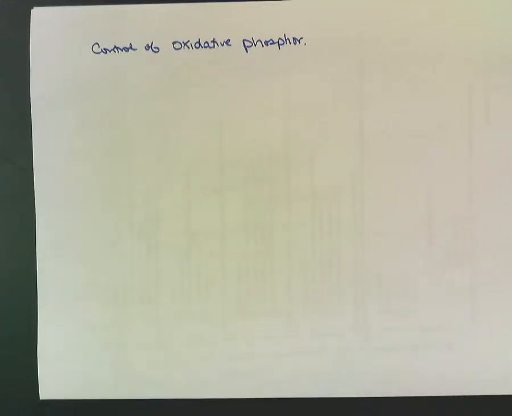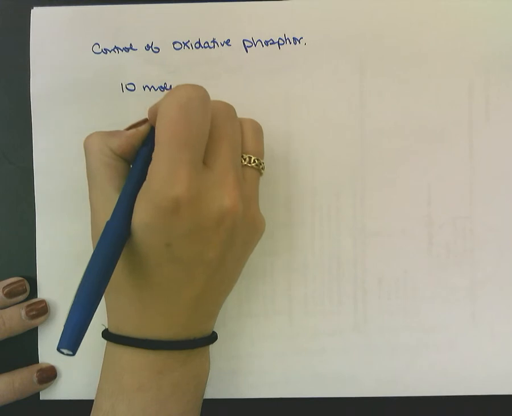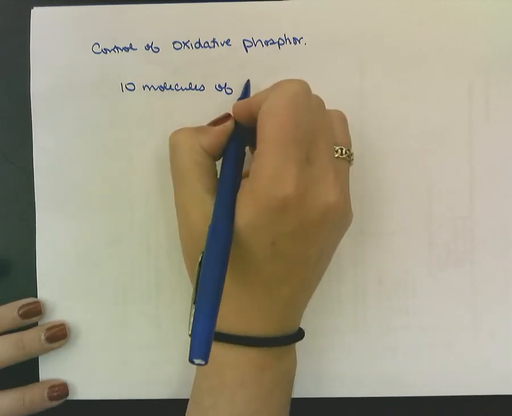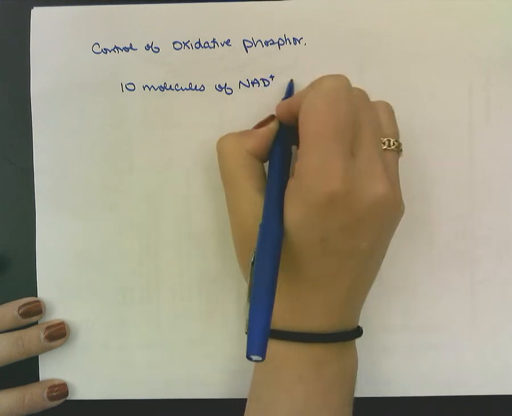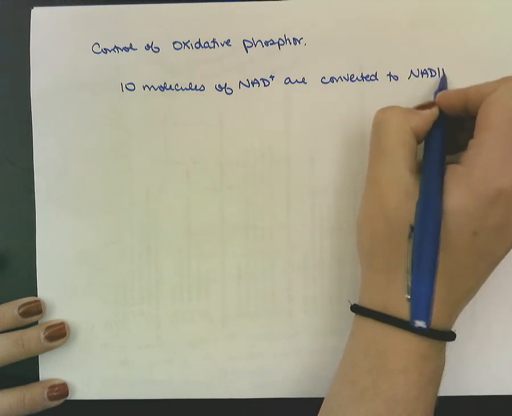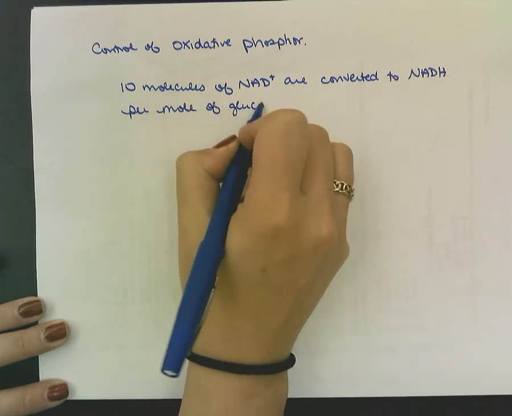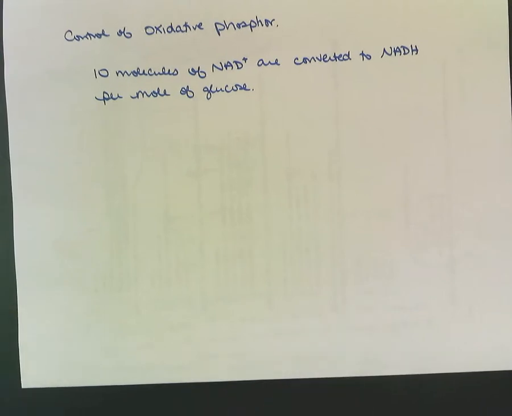All right, so control of oxidative phosphorylation. Right, so for every one glucose that enters glycolysis and heads through the citric acid cycle, we get 10 molecules of NADH, which will then be sent through the electron transport chain.